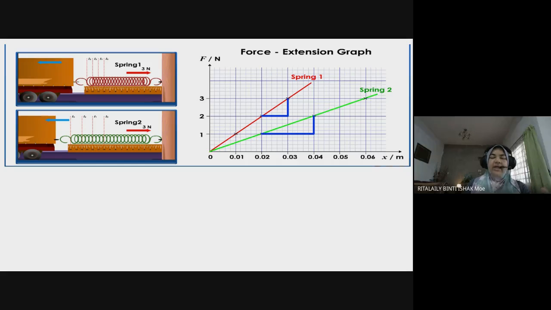So what is the spring constant for spring 1 and spring 2? You can write your answer in the chat area or you can switch on your mic.